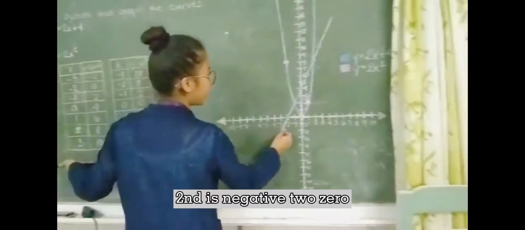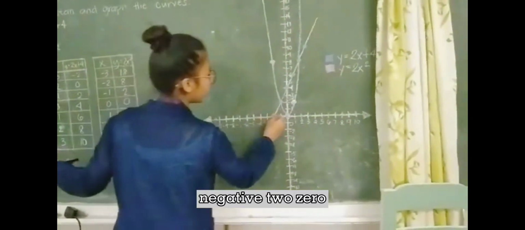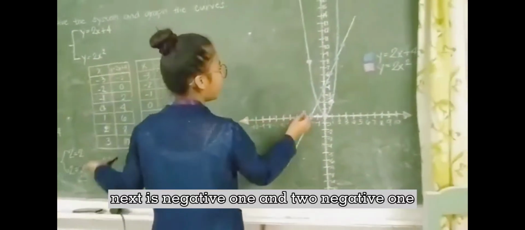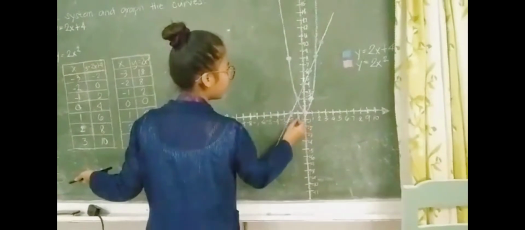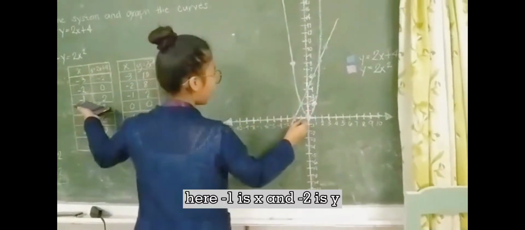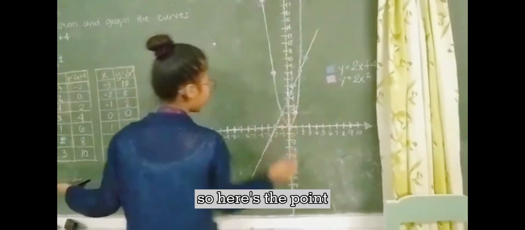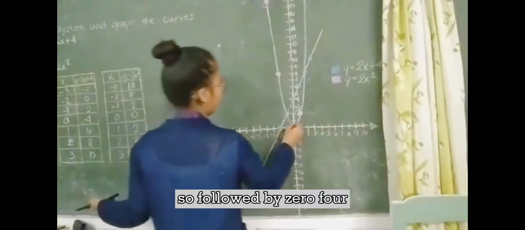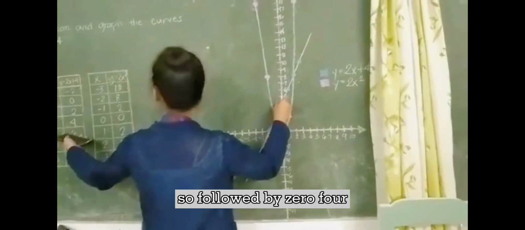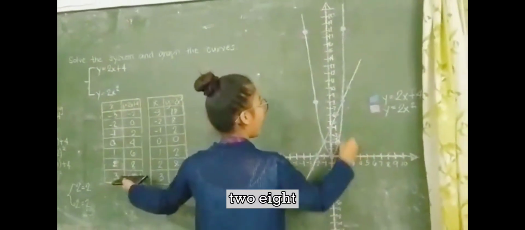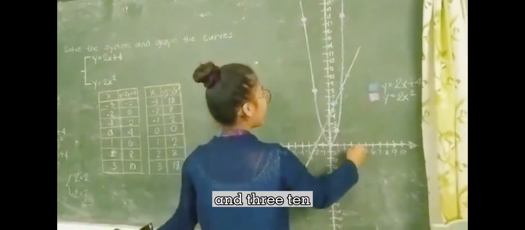Second is negative 2, 0. Next is negative 1 and 2. Negative 1 is x and 2 is y. So here's the point, followed by 0, 4, 1, 6, 2, 8, and 3, 10.